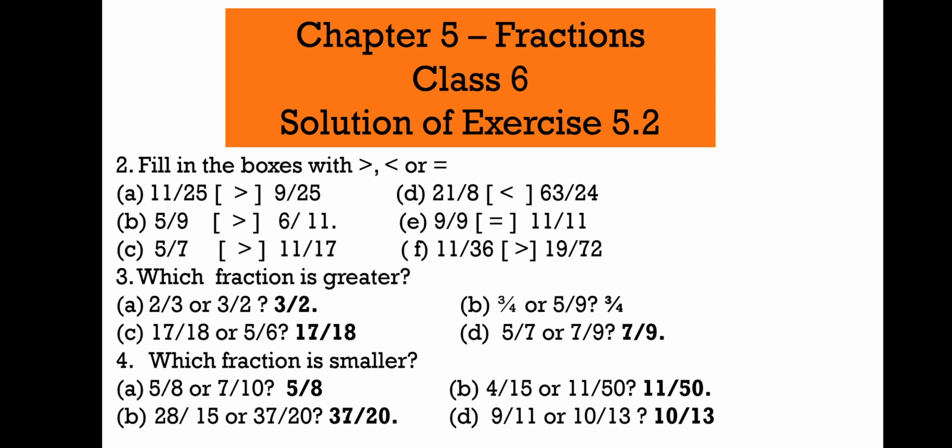So 37 upon 20 is smaller. 9 upon 11 or 10 upon 13. Now 9 into 13, 13 9s are 117. So 10 upon 13 is smaller.